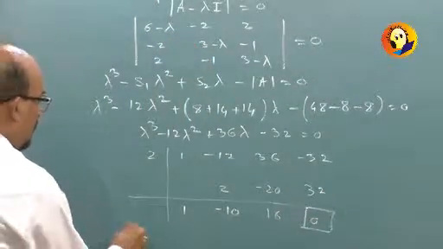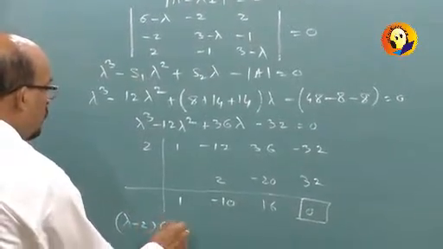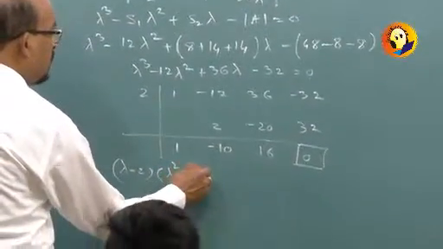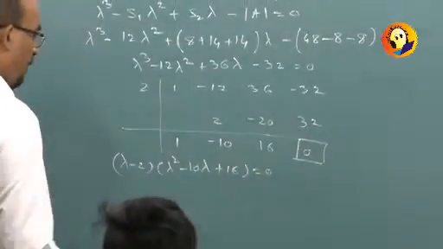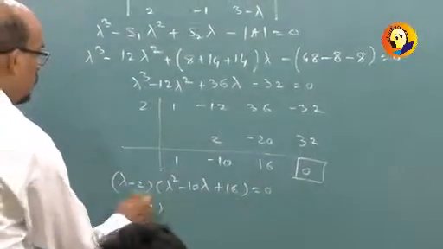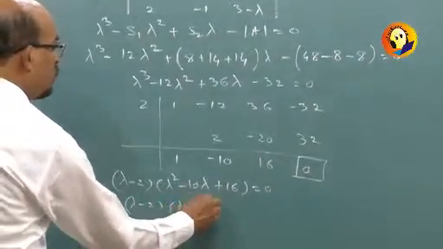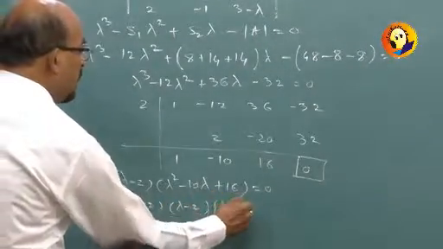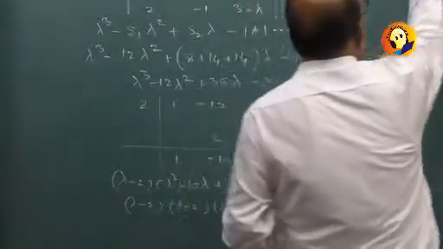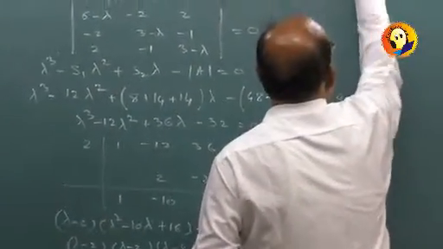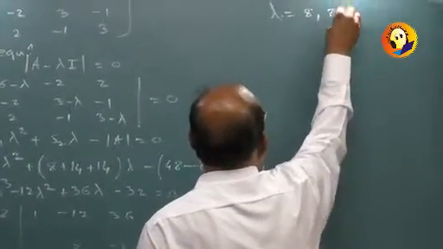So it is lambda minus 2 into lambda square minus 10 lambda plus 16 equal to 0. That is lambda minus 2 into lambda minus 2 into lambda minus 8. So we get lambda as 8, 2, 2.